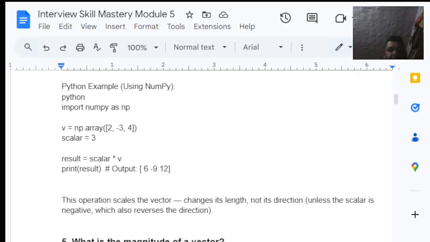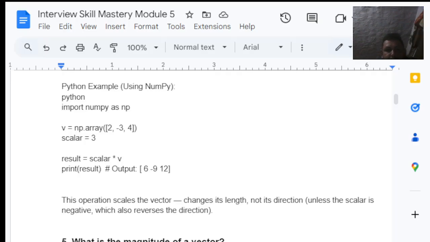So the fifth question is, what is the magnitude of a vector? The magnitude or length of a vector is the distance from the origin to the point represented by the vector in space. It is calculated using the Euclidean norm.